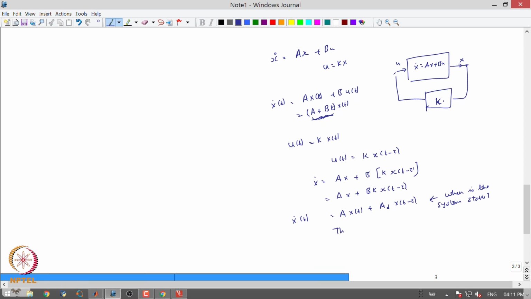So the system without delay, which means tau equal to 0, should be stable. And that is, a plus b k or a plus a d first must be a stability matrix.